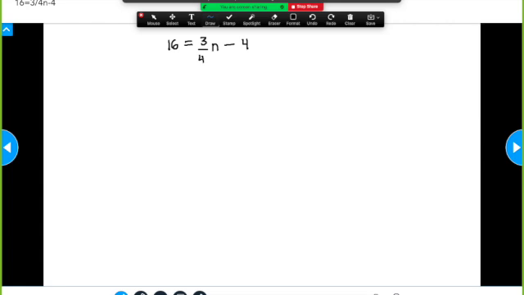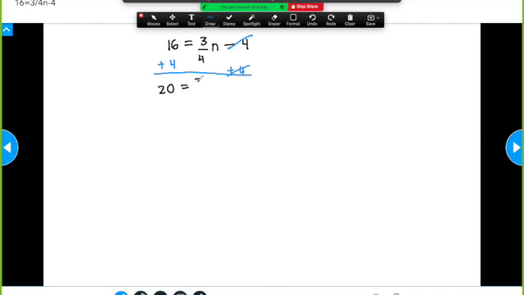Alright, so again, I want to start off with using any addition or subtraction. So right here, if I have negative 4, I want to cancel it out by adding 4 to both sides. If I add 4 to both sides, that cancels out the negative 4, and I'm left with 16 plus 4, that equals 20.